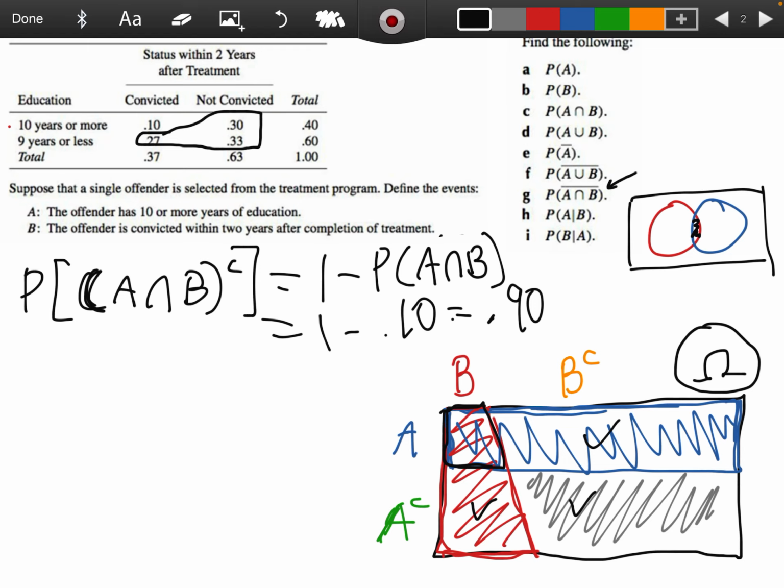Like we learned about the fact that we can't just add 0.60 to 0.63. We'd have to subtract out the 0.33 because we don't want to double count it. But in this case, when we're working from a table, we're not in danger of double counting, because we can just take the individual 0.27, 0.33, 0.30 and add them together, or we can take 1 minus the thing that we're saying is not going to happen, right?